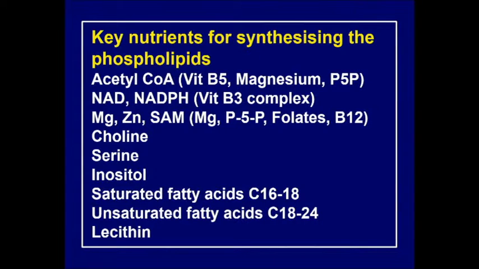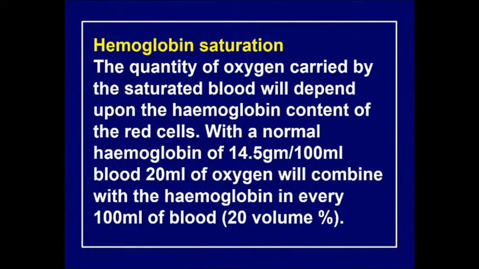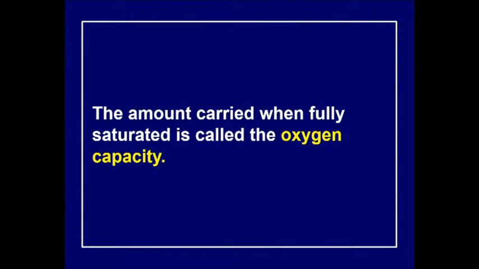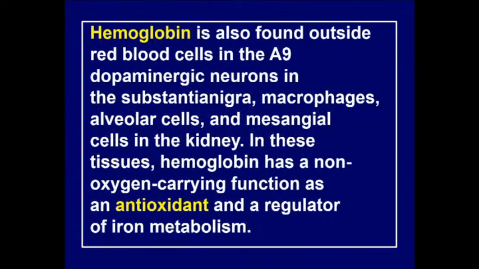So key nutrients for making phospholipids are obviously the right types of oils, the choline, the serine, the inositols, etc., and the B3s. So hemoglobin saturation should be around in the region of 14 to 15. 14.5 will be the figure that you normally get as a blood test. If you go down to 10, you're generally considered to be anemic.